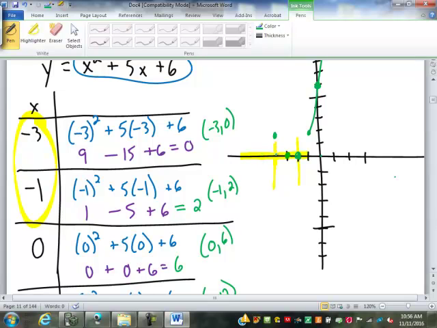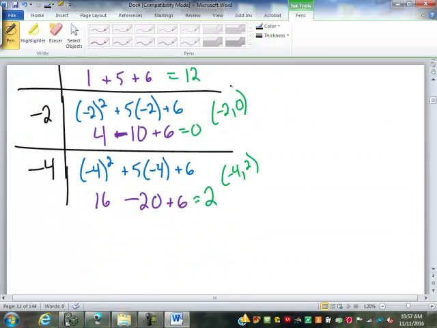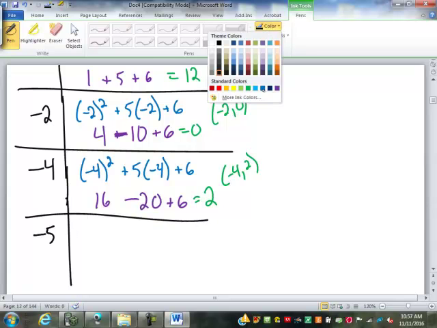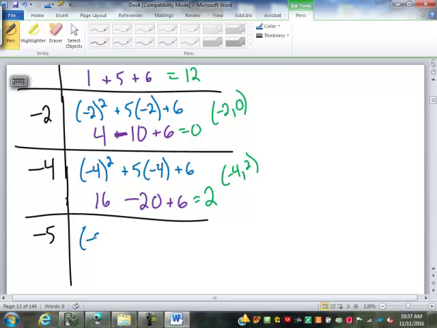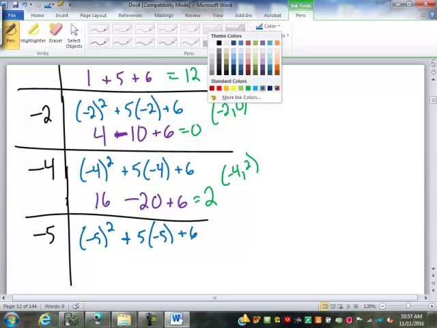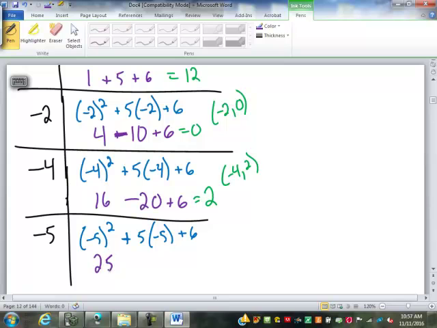Let's do x is negative 5 over here and see what happens. So if x is negative 5, y is negative 5 squared plus 5 times negative 5 plus 6. Negative 5 squared is 25. 5 times negative 5 is negative 25 plus 6.